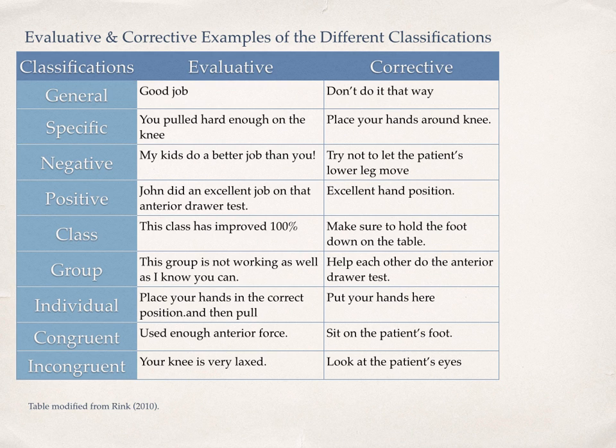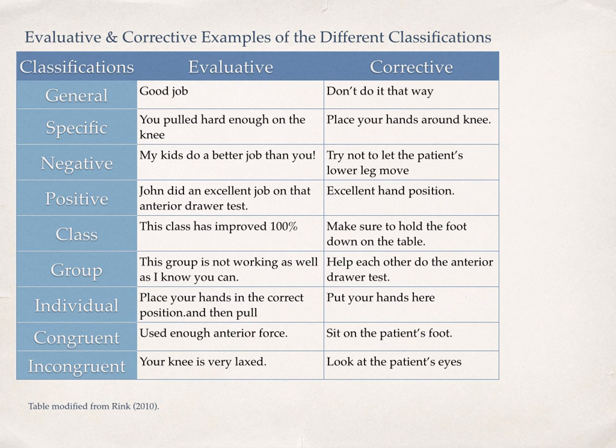So that's corrective. Whereas we can have positive and negative feedback, where we evaluate it and we say my kids do a better job than you. Obviously, we shouldn't be doing that. We don't want to use negative feedback. Then another one for corrective is try not to let the patient's lower leg move.